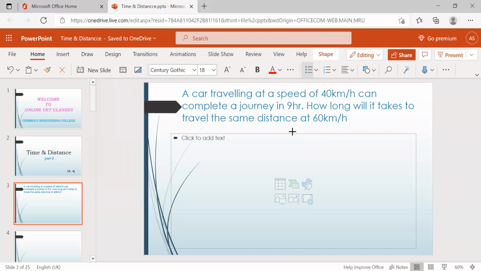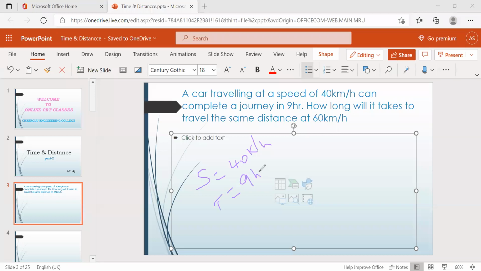First of all, according to the given problem, what data do we have? Speed we have, that is 40 kilometers per hour. And time they given, can complete the journey in 9 hours. Time t equal to 9 hours.